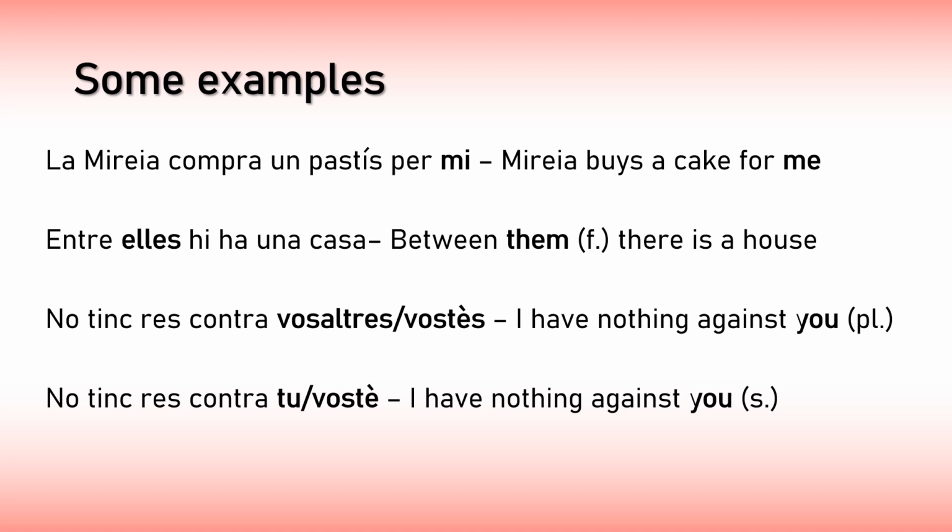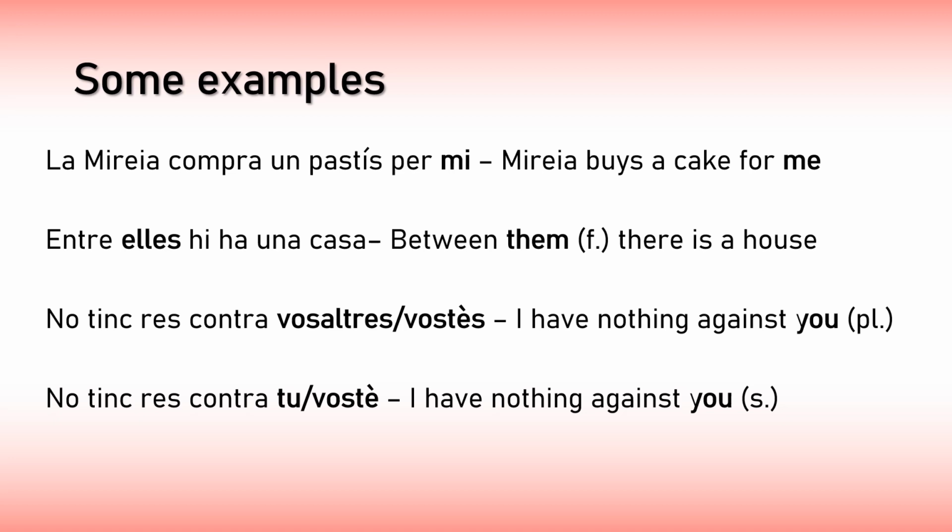No tinc res contra vosaltres. I have nothing against you. Contra, again, is a preposition. So after this preposition, you use the personal pronoun. Contra vosaltres, contra vostès, against you, in plural. As you can see in this sentence, in English, you say I have nothing against you. You specify the subject. But in Catalan, you don't see the subject before the verb. The verb in Catalan in this case is tinc.